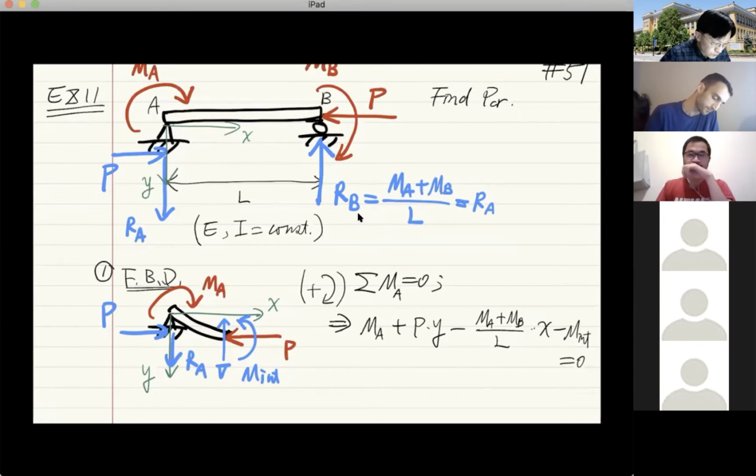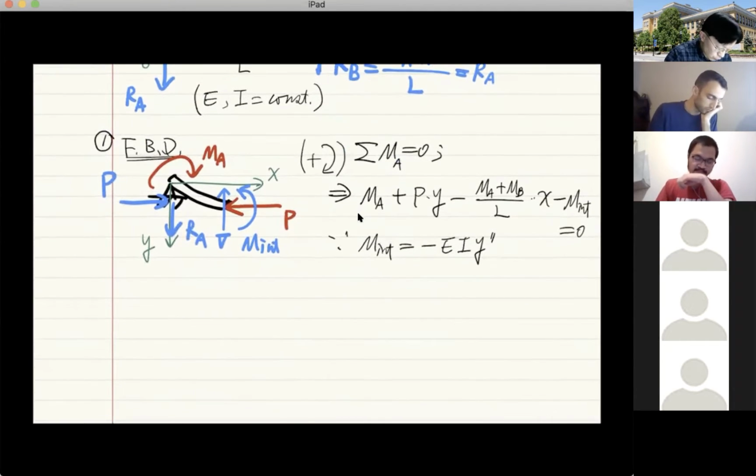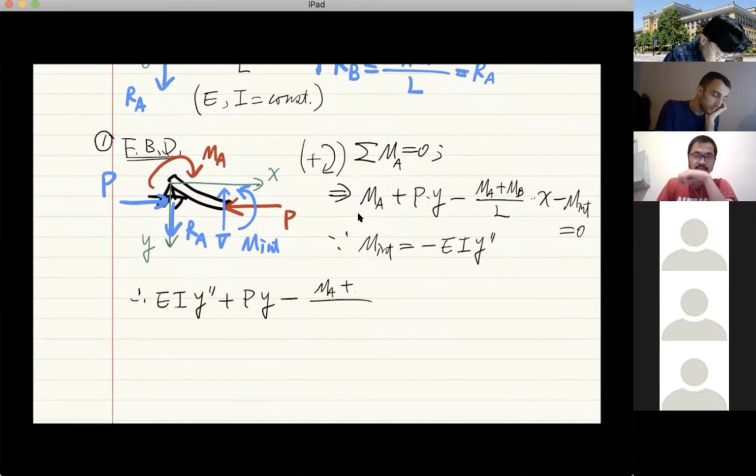All right. So now, because M internal is negative EI times Y double prime, we will have this final expression, which is EI Y double prime plus PY minus MA plus MB over L times X plus MA equals 0.